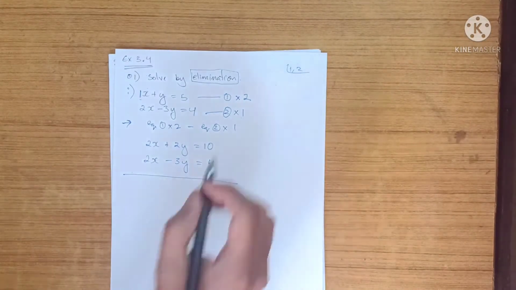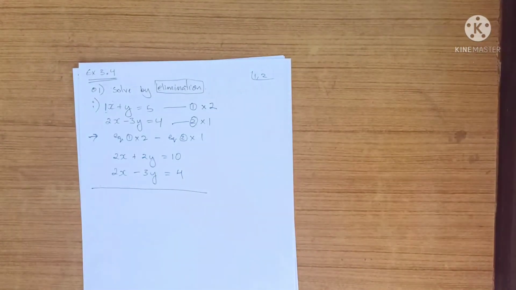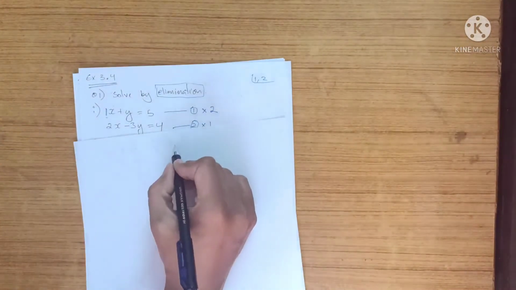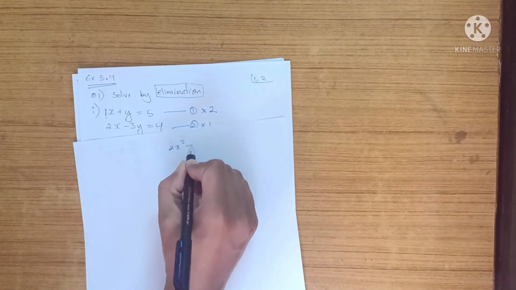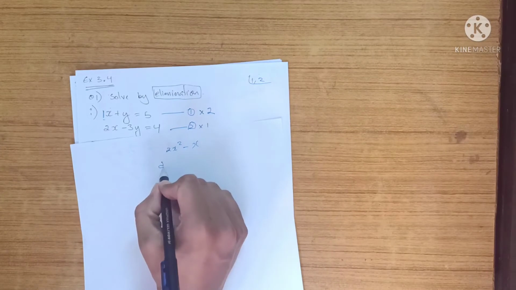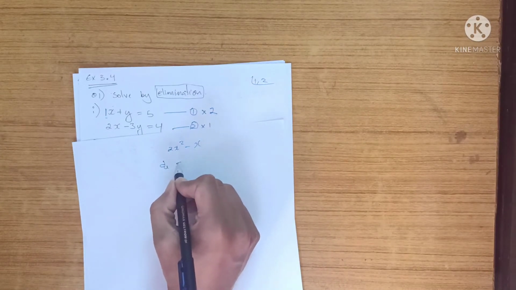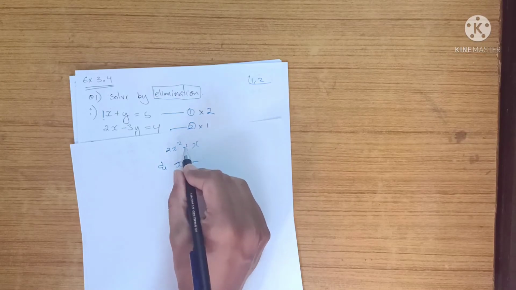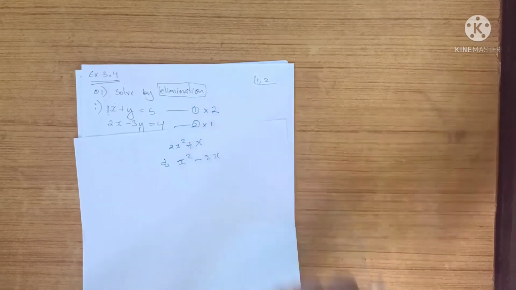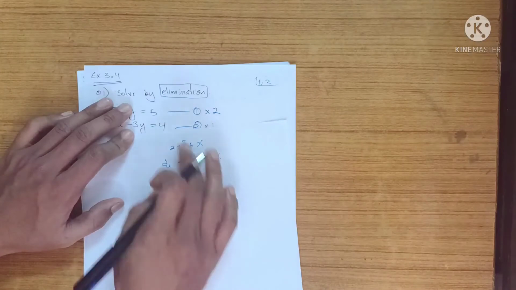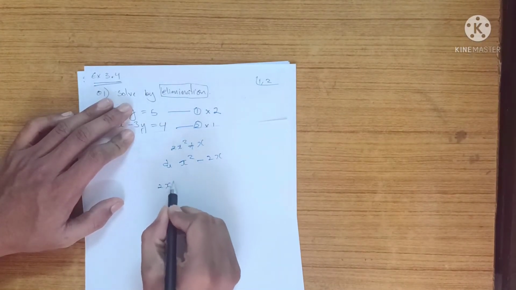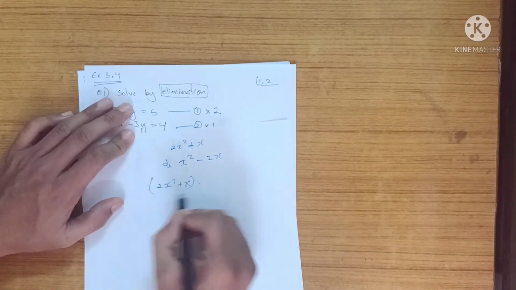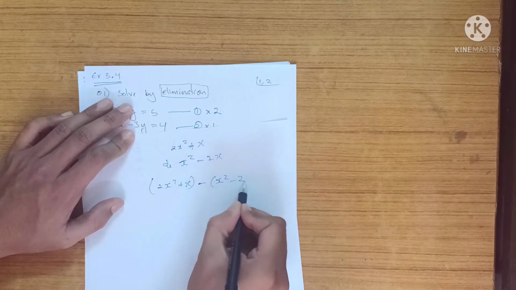When you're subtracting, for example, let me give you an example here. Suppose you're subtracting x squared plus x from 2x squared minus 2x. What do we do? We put the second expression in a bracket with a minus in front.